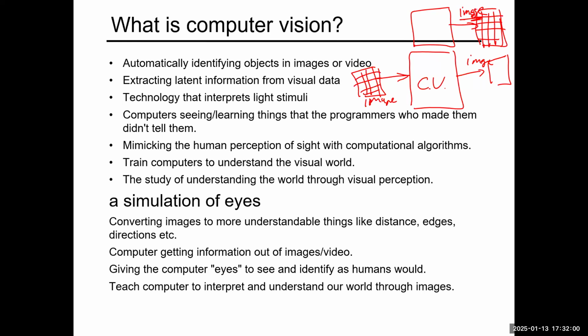But if I don't have any input and I'm generating a completely synthetic image that's not related to the real world, this is graphics. Actually, both of them work together, so many algorithms from computer graphics are shared with vision, or vice versa.